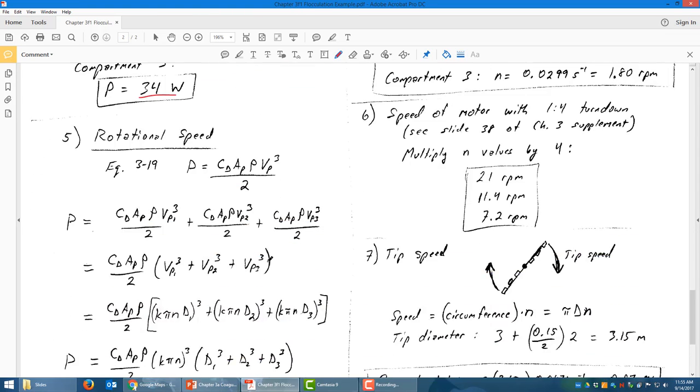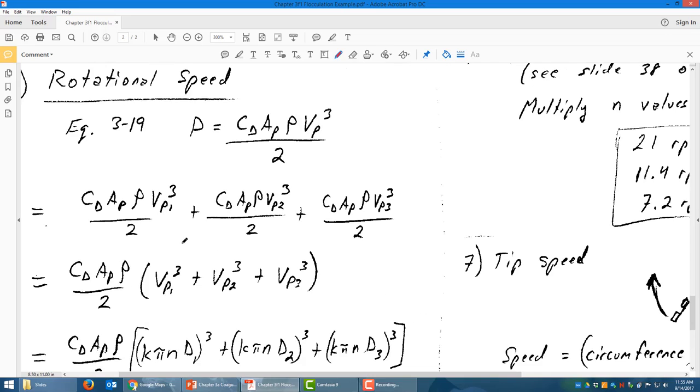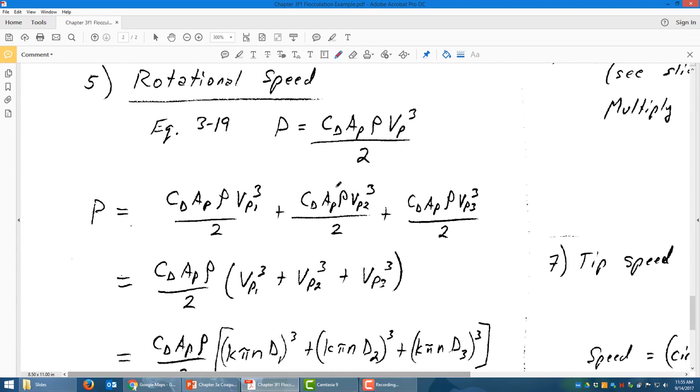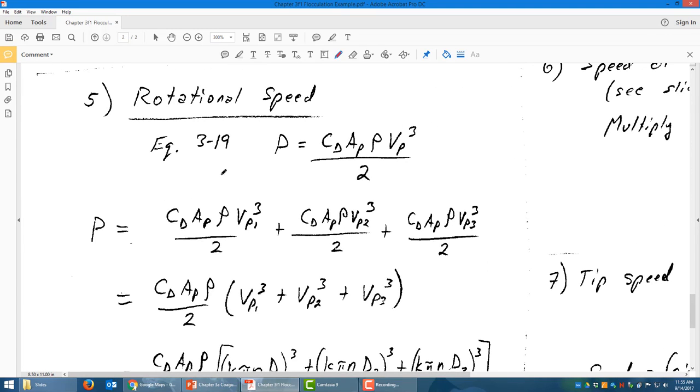Now, part 5 was rotational speed. We know that we need this much power calculated above, so how much rotational speed does that require? For that we use equation 3.19. This is the place where design of these flocculation paddles is different from the flocculation tank that was similar to a rapid mix tank.